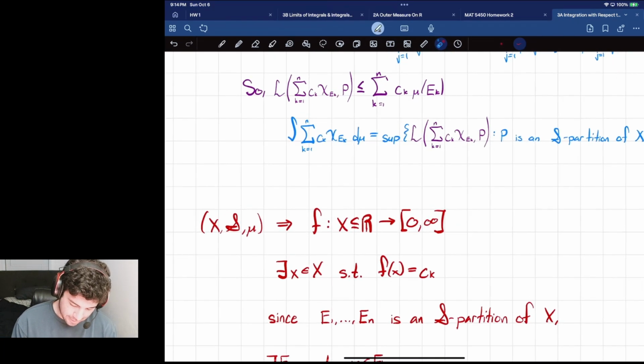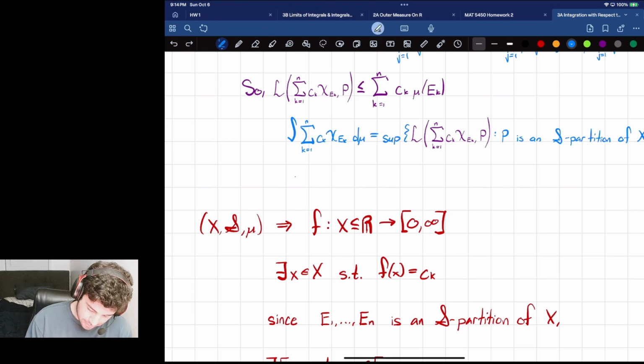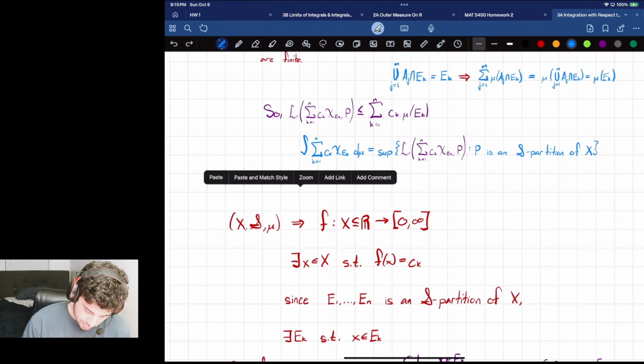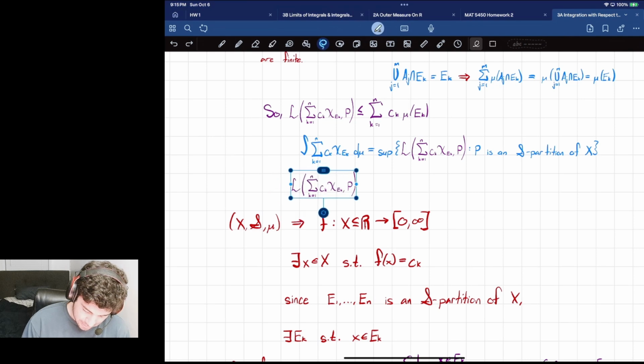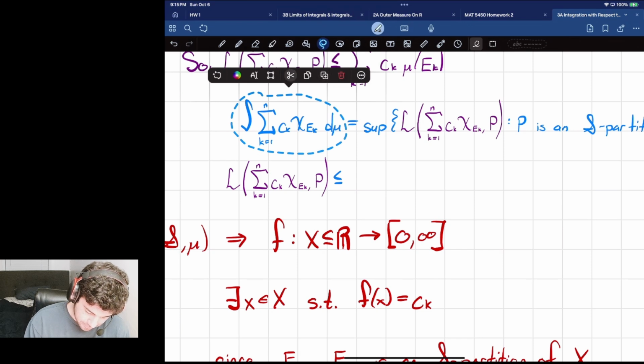Okay, so the integral is the least upper bound of the lower Lebesgue sums, right? So it's for sure true that the lower Lebesgue sum, which I will just copy and paste because I already have it ready, is less than or equal to the integral by the definition of the supremum.